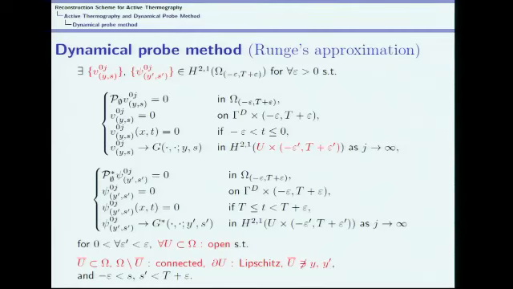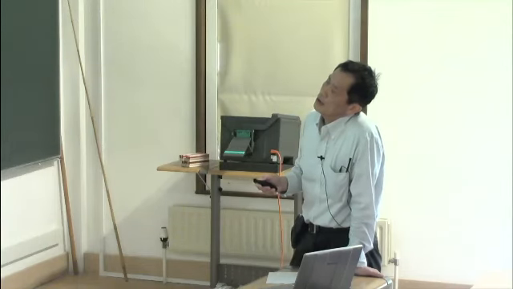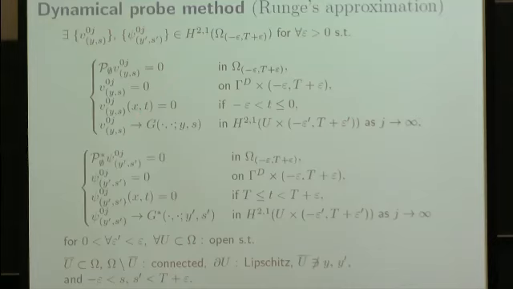Okay, and there are some auxiliary conditions, but they are not so important. What's important is what the approximation domain is. So first, this epsilon prime is smaller than the previously given epsilon, and also this open subset U of omega must satisfy some conditions.